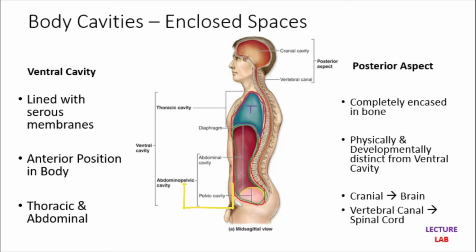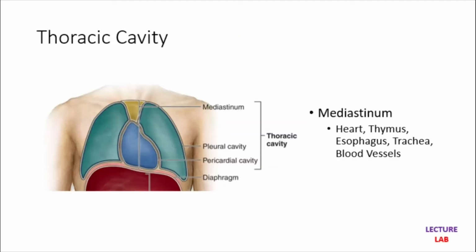The pelvic cavity, there's nothing really anatomical like the diaphragm that is demarcating the pelvic cavity. When we get to the pelvis and the bones, you'll see the os coxa, and that kind of defines where the pelvic cavity is. So the pelvic cavity is a subcavity of the abdominal pelvic cavity, and above that you're going to have just the abdominal cavity.